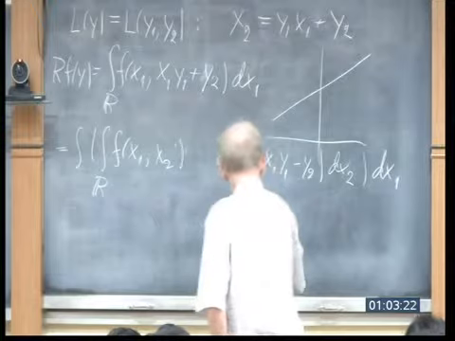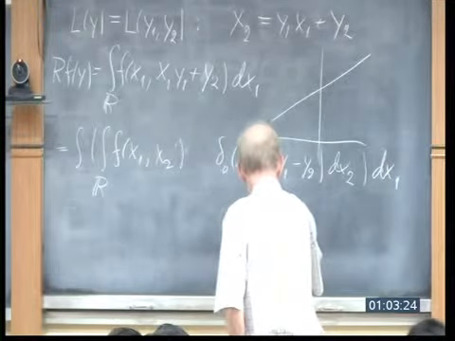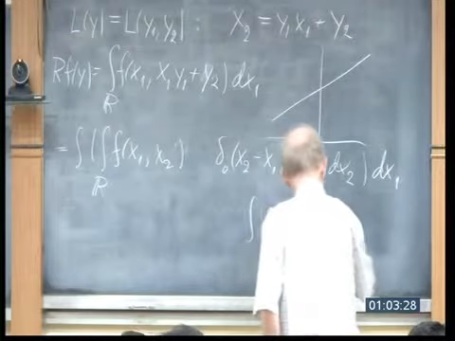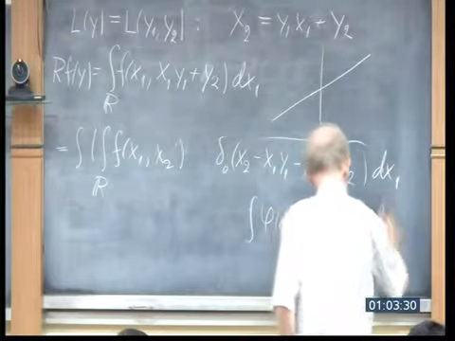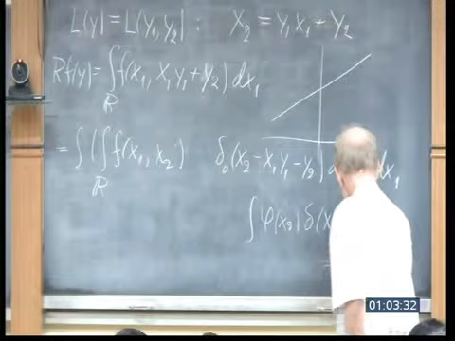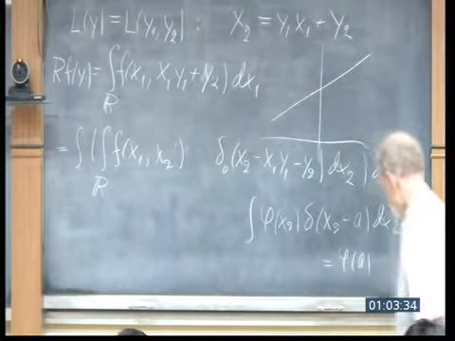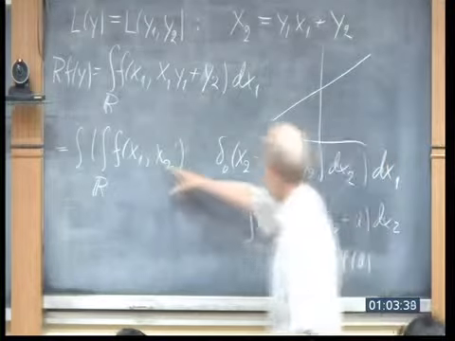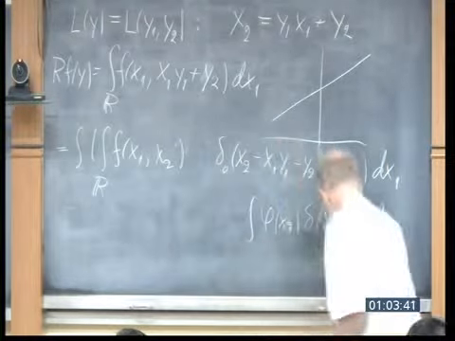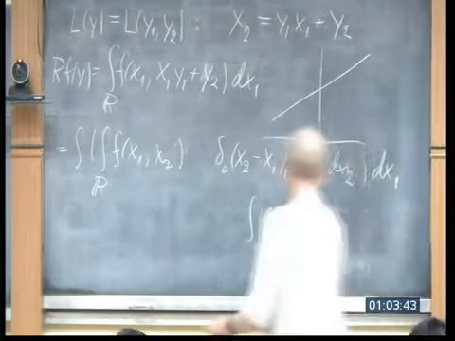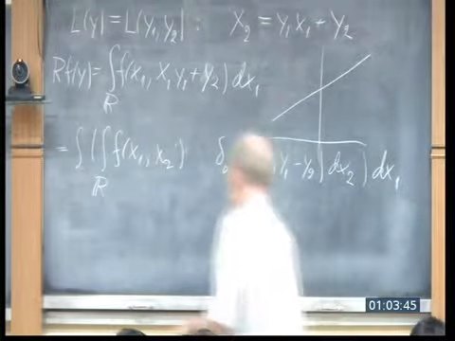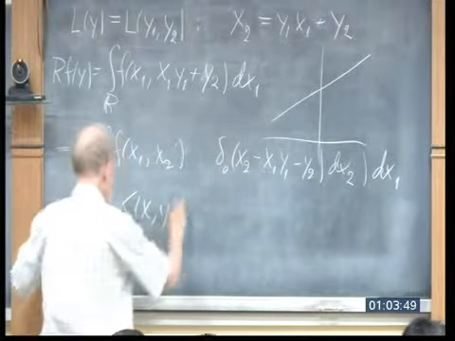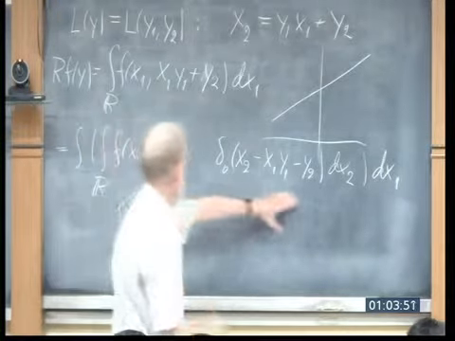I just use the fact that the integral of phi(x2) delta(x2 minus a) dx2 is equal to phi(a). So this comes in here. So this means that the Schwartz kernel K(x,y) is this thing.